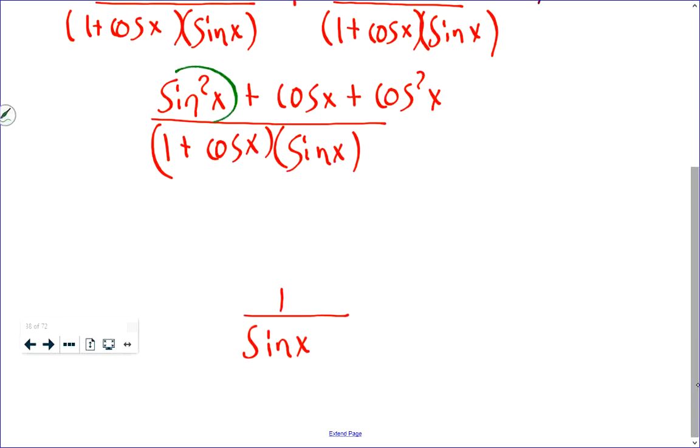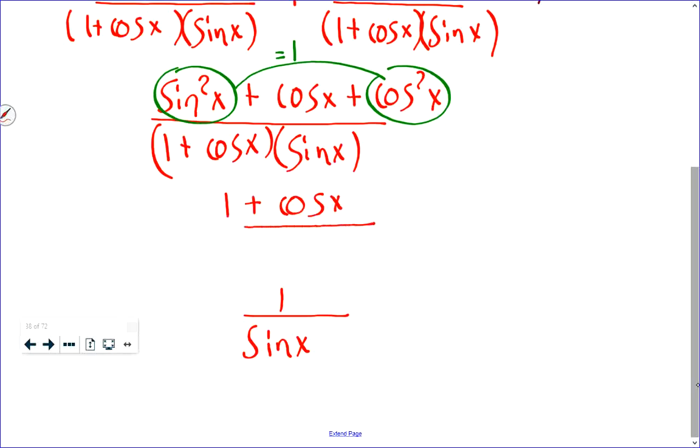This equals 1. The sine squared of x plus the cos squared of x doesn't have to be written right beside itself, those two pieces. So what we have on the top is 1 plus cos x, and on the bottom we have 1 plus cos x multiplied by sine x.